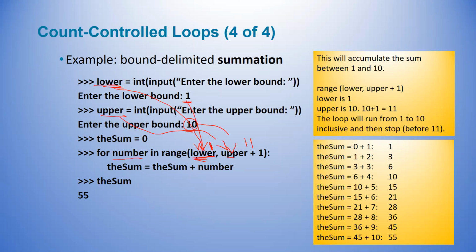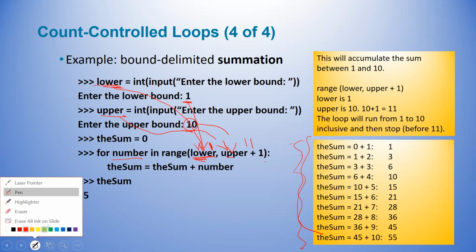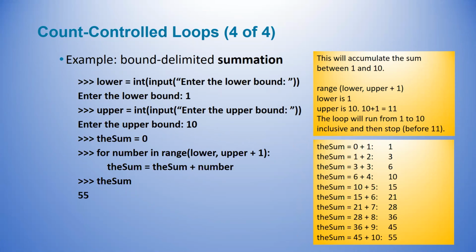So it's 1 to 11. So the sum, you can look at this. I explain it there. So that's how this works. I will give you some time to look at that. Just look at the tracing. This explains how this loop works. Only if you understand the inner workings will you understand how a loop works. So I will give you some time to read through that.